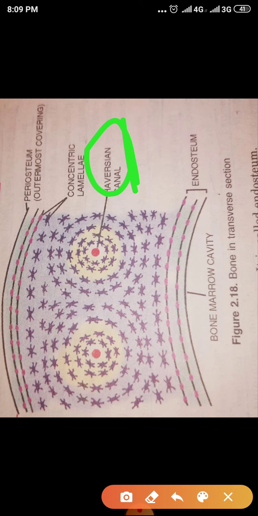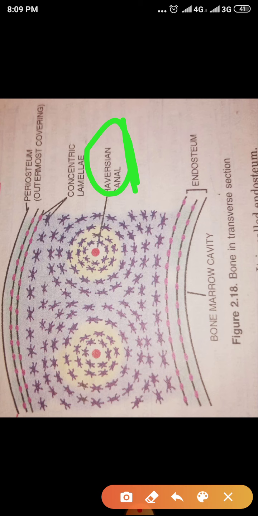Its function in bone: the minerals are mostly phosphate and carbonate of calcium and magnesium. About 60 to 70% minerals are present there, so it is hard.